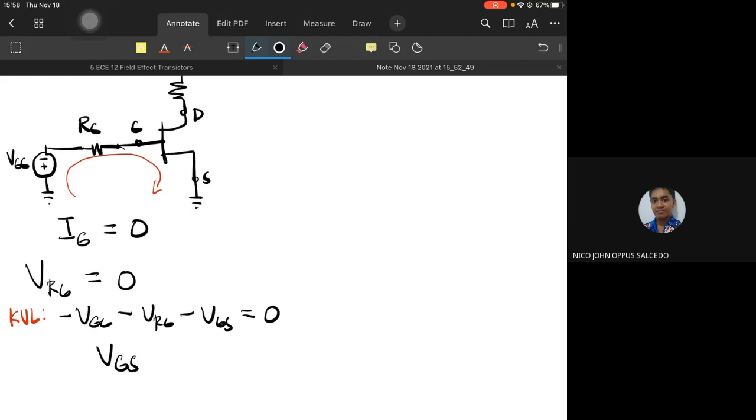Therefore, VGS is equal to negative VGG. So the voltage across VGS is just the value of VGG, because VRG is 0.